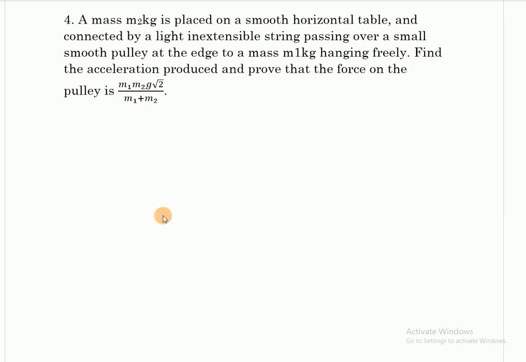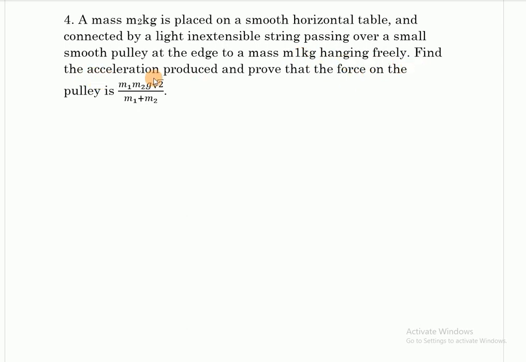Here is another example. A mass m2 kilogram is placed on a smooth horizontal table and connected by a light inextensible string, which is the same as inelastic, over a small smooth pulley at the edge to a mass m1 kilogram hanging freely.